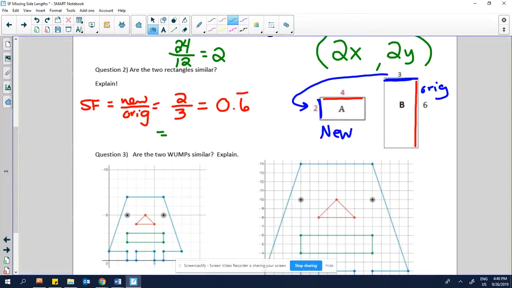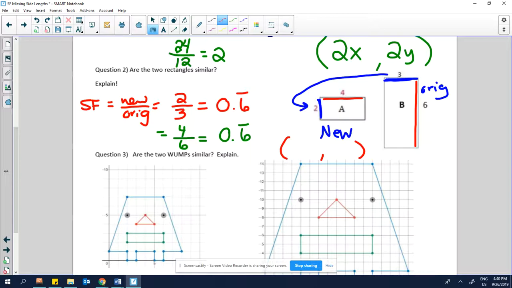The red ones. New is 4. Original is 6. 4 divided by 6. Oh, that also gives you 0.6 repeating. Oh, so are these similar? Yes, they have the same scale factor. Let's write it as a rule.